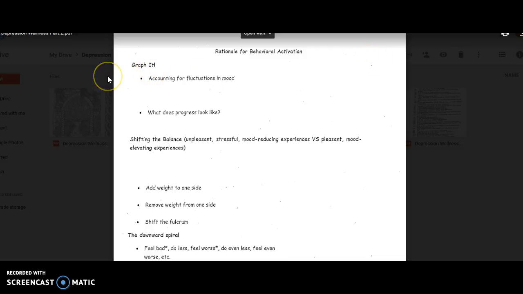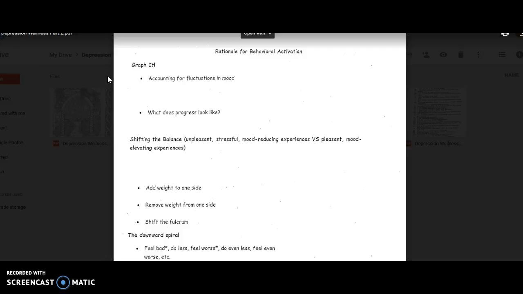So you might want to use a calendar and keep track of your moods, and also keep track of the positive activities you do and see how your moods go up and down, so you have an idea of what your progress looks like. Now, to shift the balance from unpleasant, stressful, mood-reducing experiences versus having more pleasant, mood-elevating experiences is what shifts the balance.